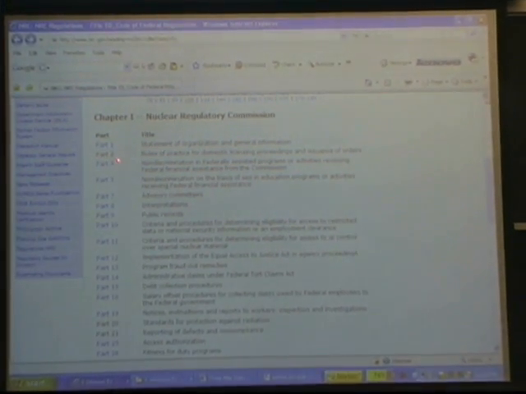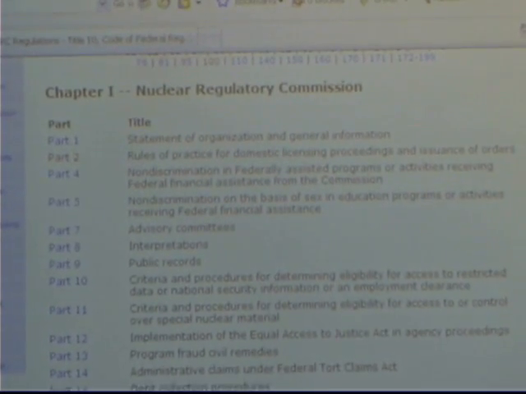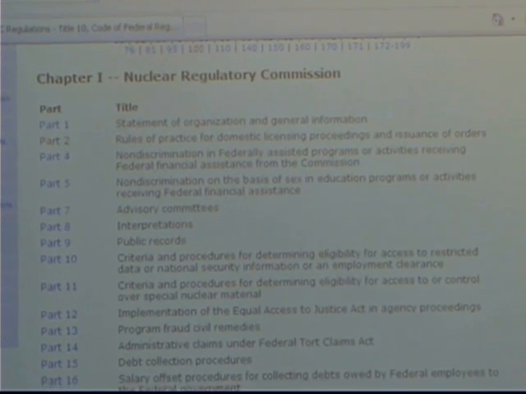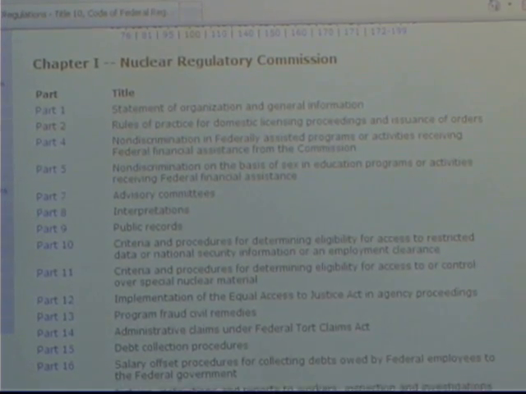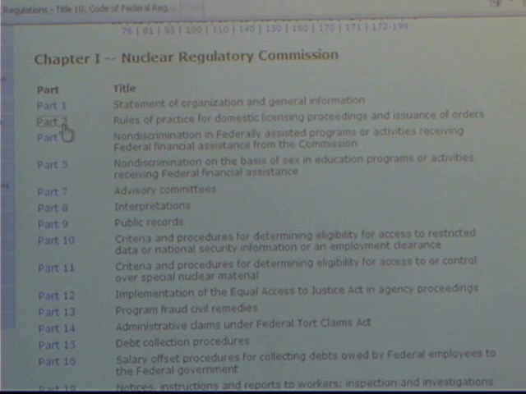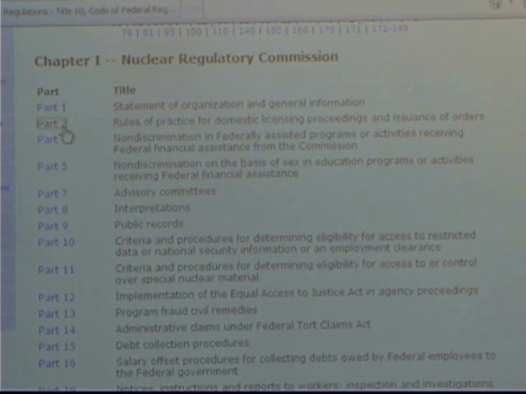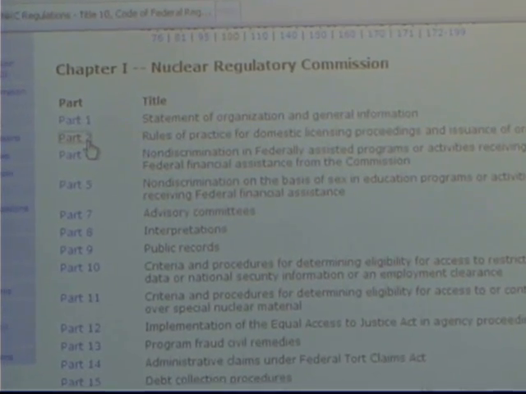Part 2. Part 2 is a very important part because it describes, and all you do is click on it, it describes the conduct of licensing proceedings.